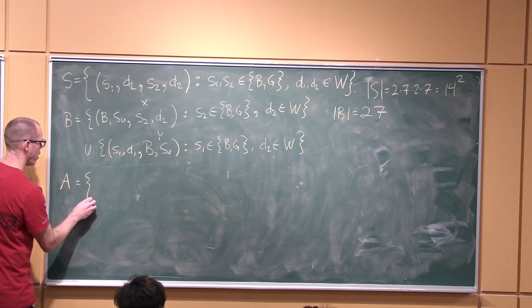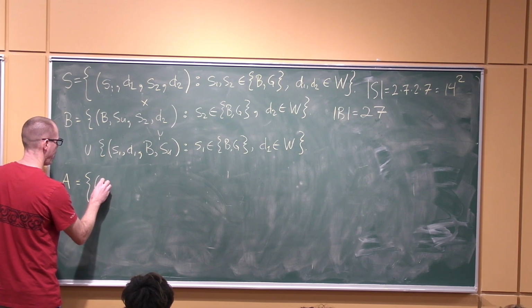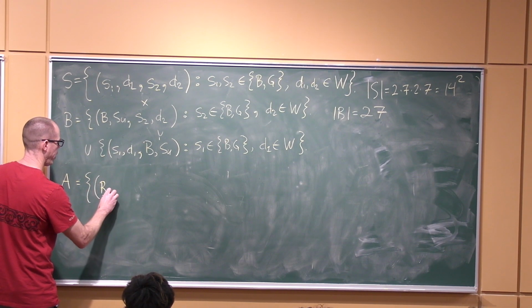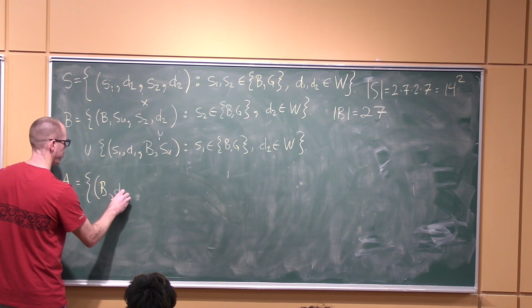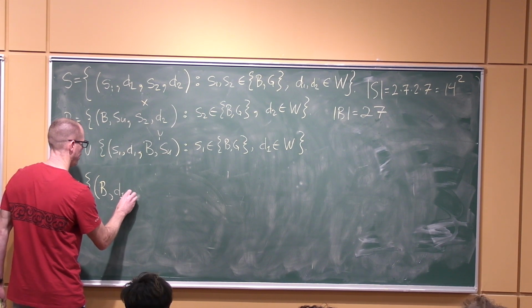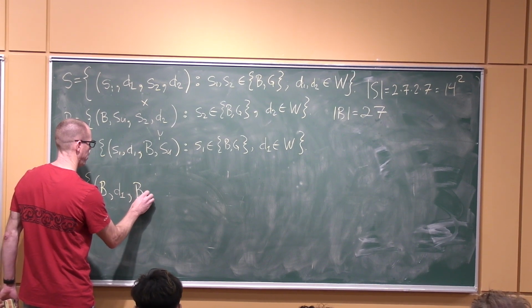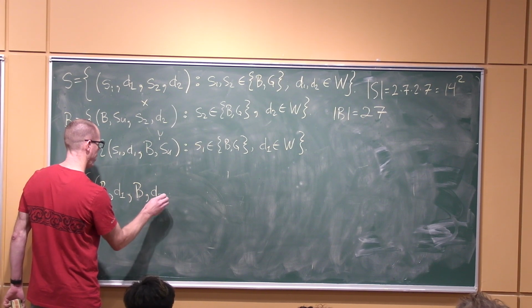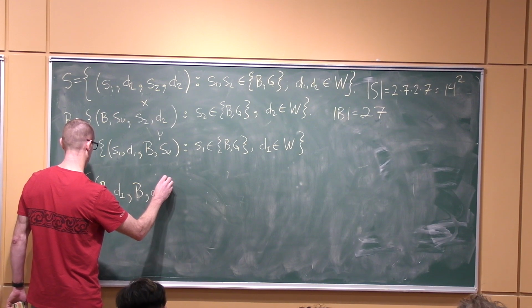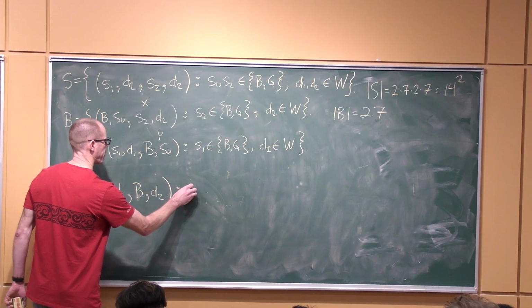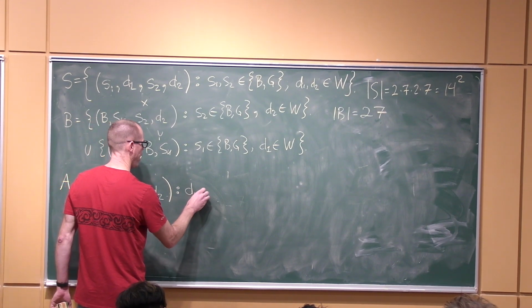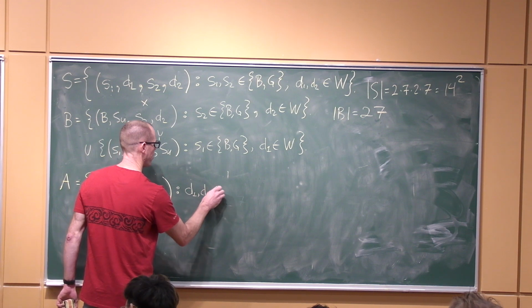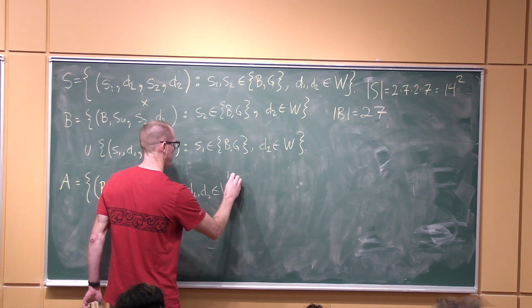Let's write that down. 2 boys means there's a boy that was born on a particular day of the week, and another boy who was born on a particular day of the week. And that's for any 2 days of the week in W.